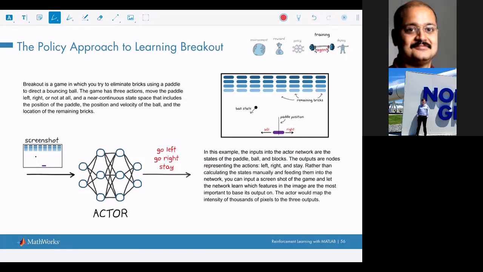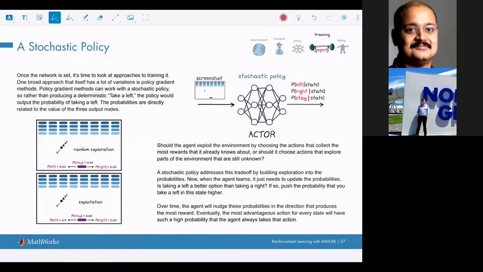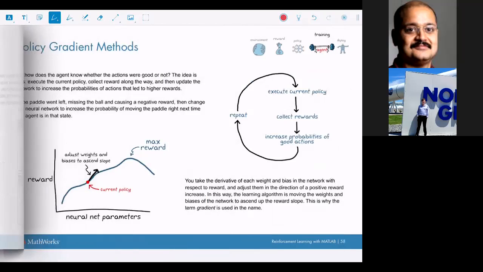Once you hit a block with the ball, the top blocks disappear, and you want to create some sort of a hole in that wall. You can perform some exploration, some exploitation, and finally come up with a policy that would allow you to break that wall.